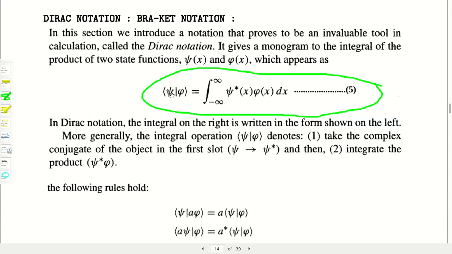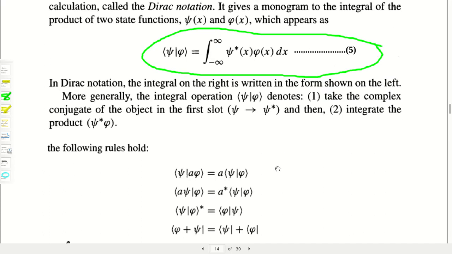So Bra psi, Ket phi means an integration. It is nothing but an inner product, where psi star is there and phi is without star, with dx, and the integration is from minus infinity to plus infinity. So be careful about these symbols.